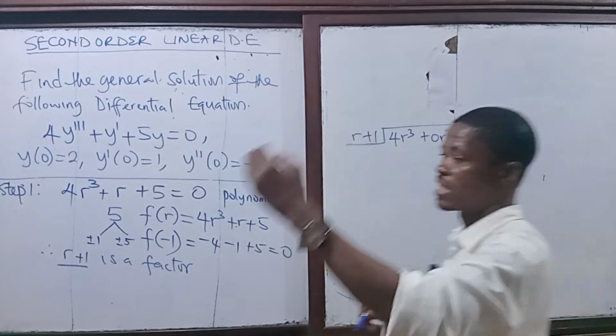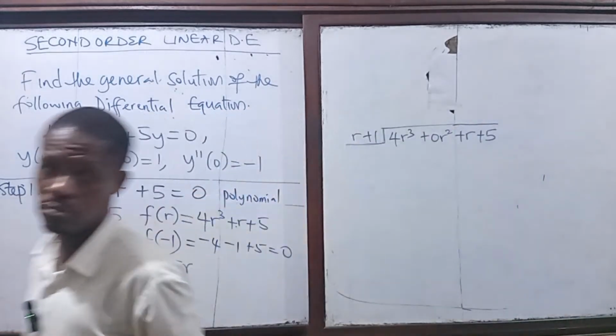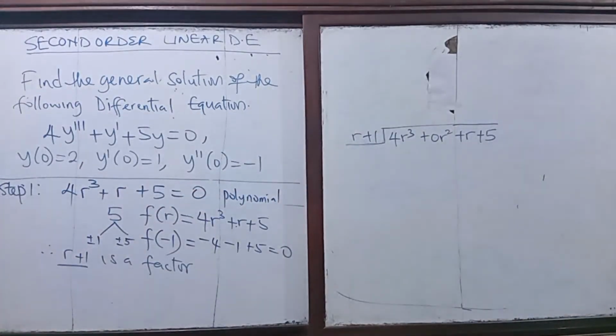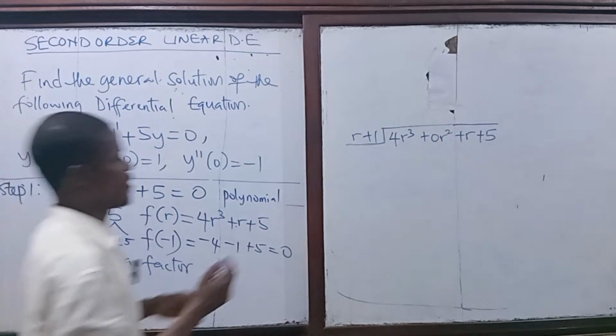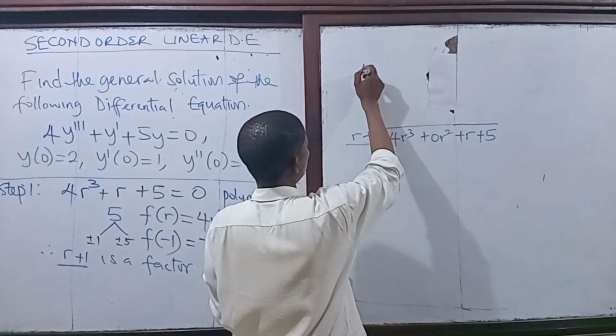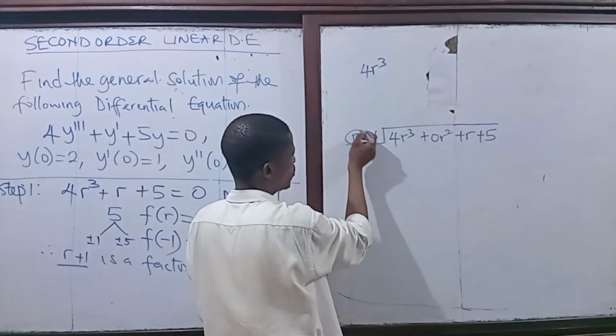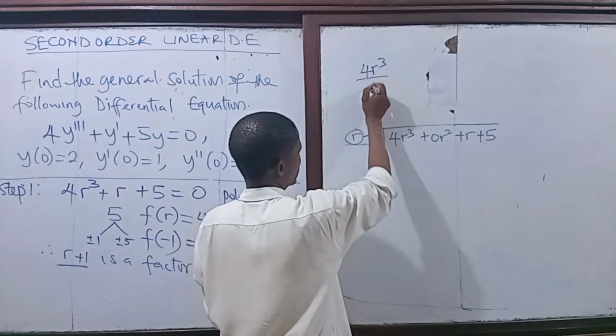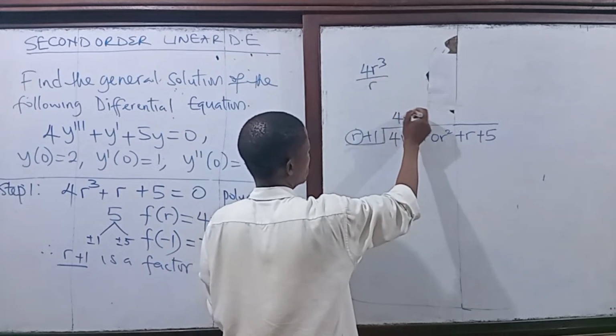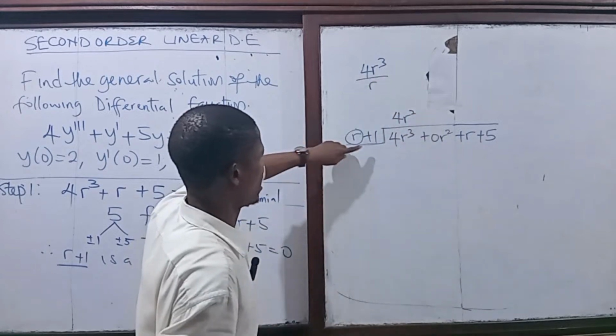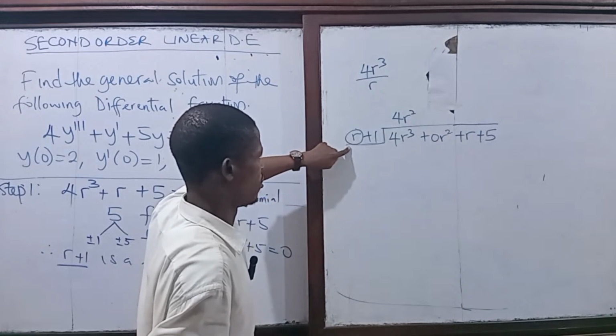Power 3, power 2, power 1. Then you take the first term of the polynomial and divide by the first term of the divisor, and that gives 4r squared.